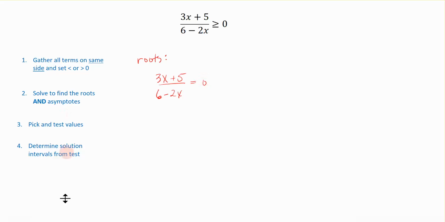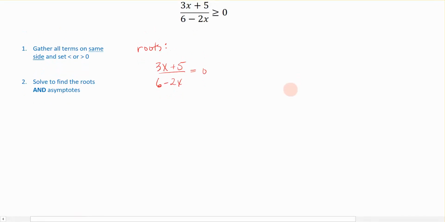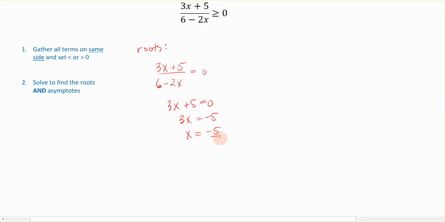So when I multiply both sides by this denominator, I end up with really just 3x plus 5 equals 0. Subtract 5 and divide by 3, and I find out that I have a root occurring at negative 5/3.